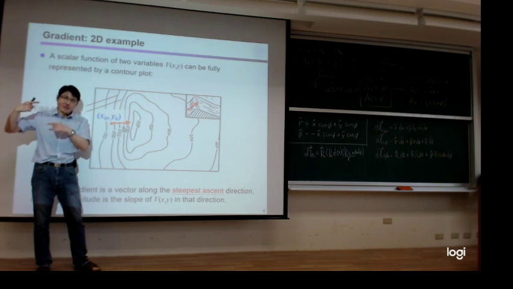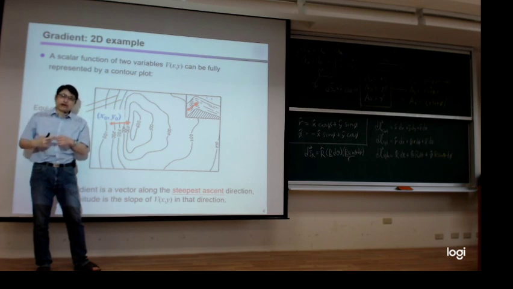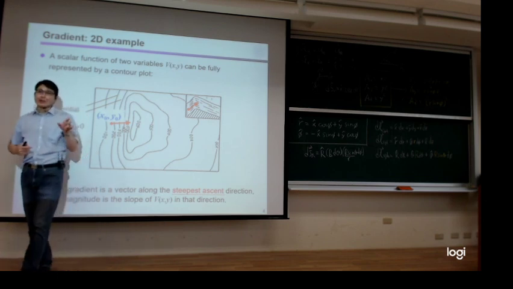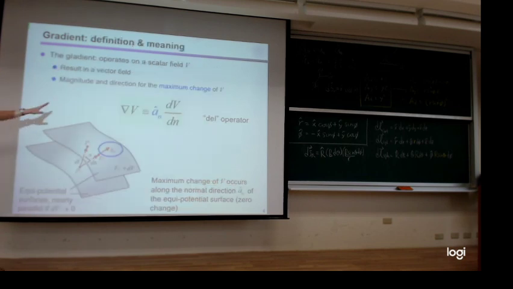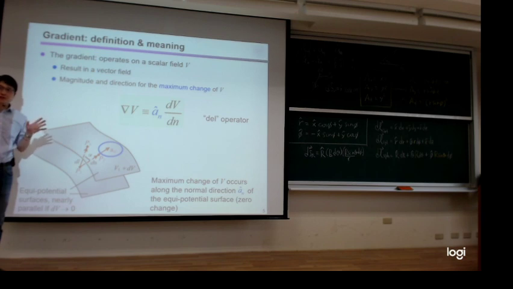In other words, when you find the gradient, you are trying to find the direction and path with the maximized change in that scalar function. Okay? Point by point. So this is the official mathematical definition for gradient.